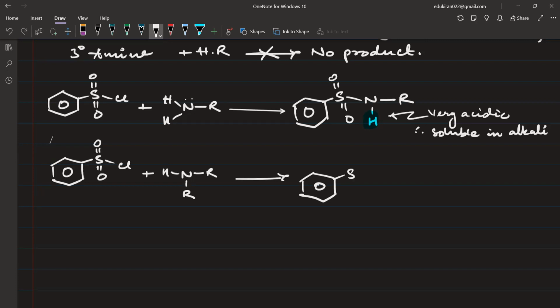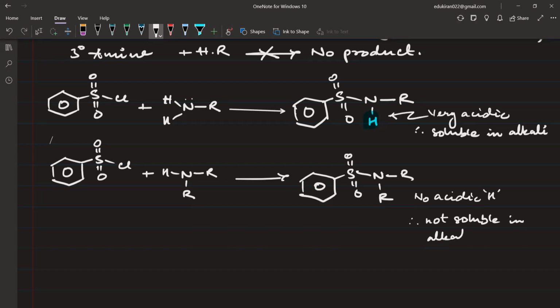The benzene ring, sulfur double bond O, nitrogen with one R and another R. The HCl has taken the one hydrogen; it leaves as HCl. See here, you'll say no acidic hydrogen. Therefore not soluble in alkali.